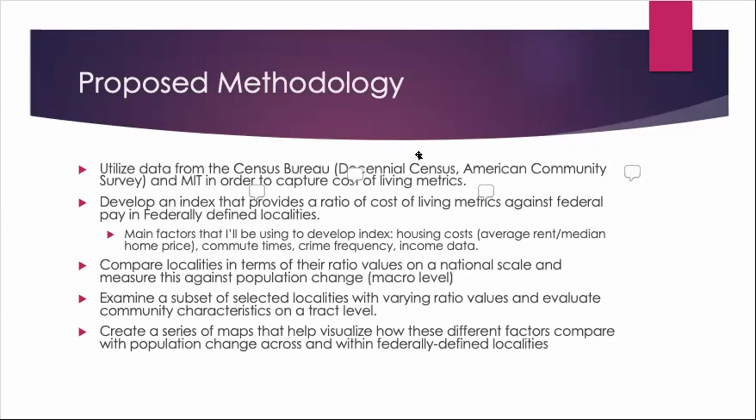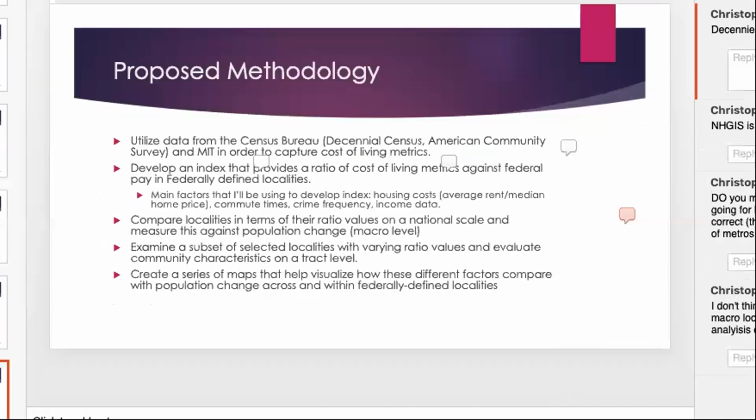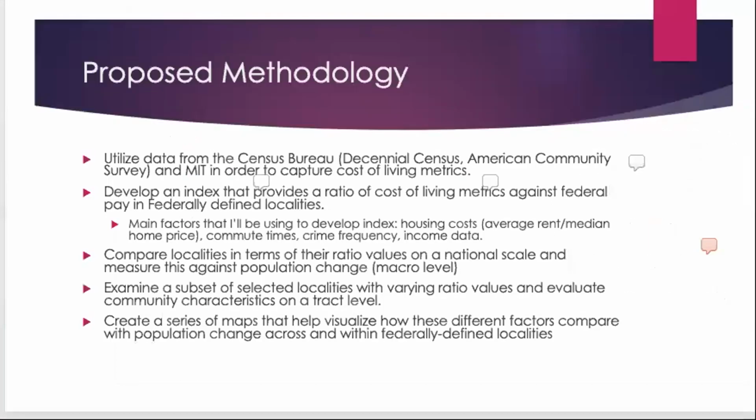So, my methodology, just to get this out of the way. I'm going to be using data from the Census Bureau, which is the decennial census and the American Community Survey, and data from MIT in order to capture cost of living metrics.